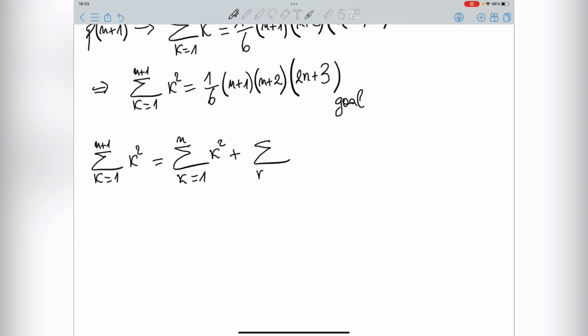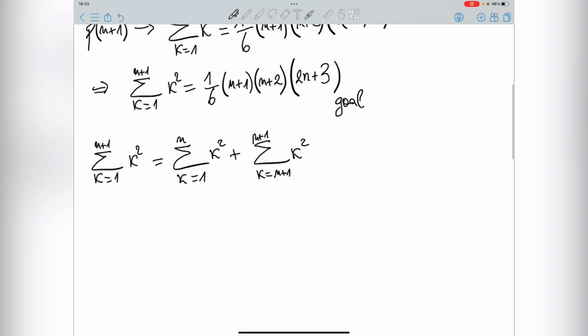So the successor of n is n plus 1, and the last term here is n plus 1, right? So this is basically equal to this. We just split the summation.